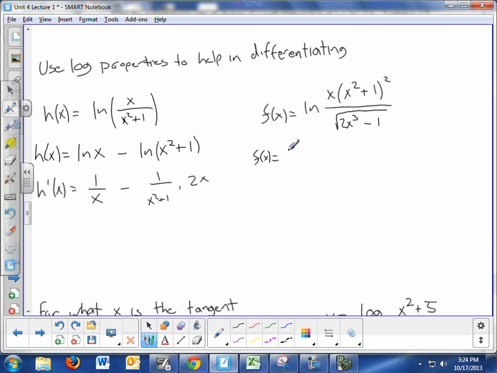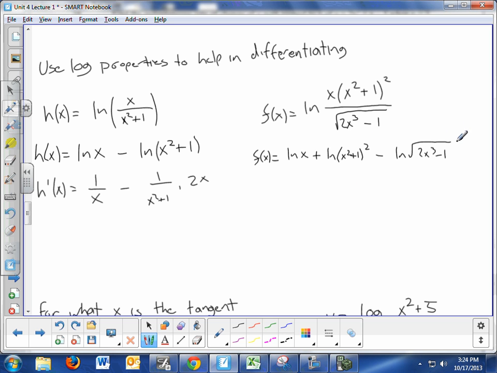Instead, I would ask you to rewrite this function using your log properties. And you're probably like, well, Mr. Messer, we still have some chain rule. It's still kind of messy. What can I do with this 2?